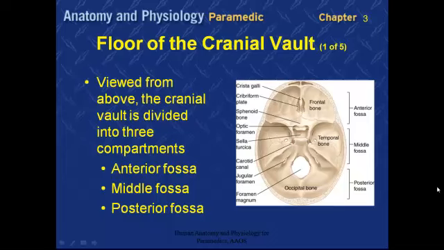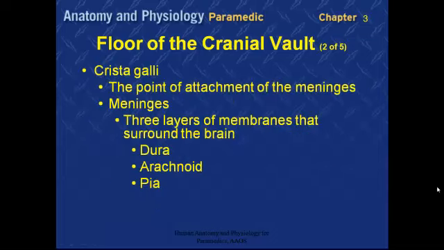The floor of the cranial vault is actually a pretty complex structure. This is made up of a thin, flat bone. It's viewed here from above, from the superior aspect. The cranial vault is divided into 3 compartments: the anterior, middle, and posterior fossa. The crista galli is the point of attachment of the meninges.